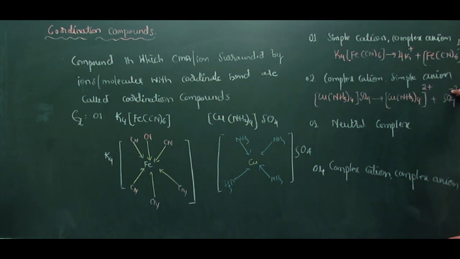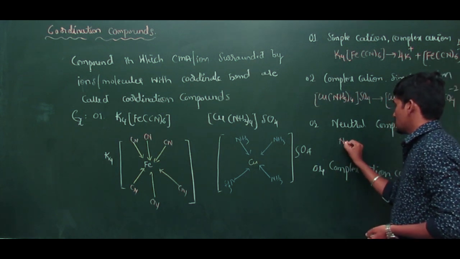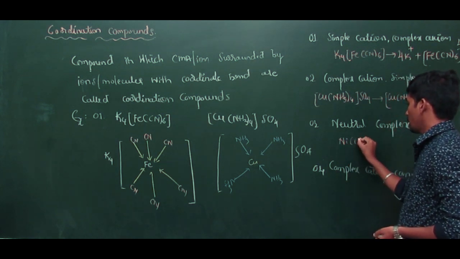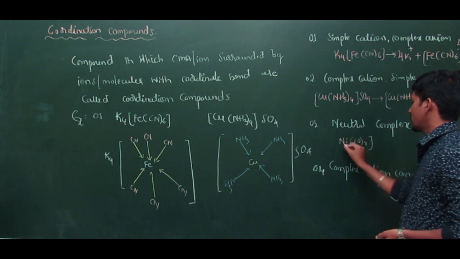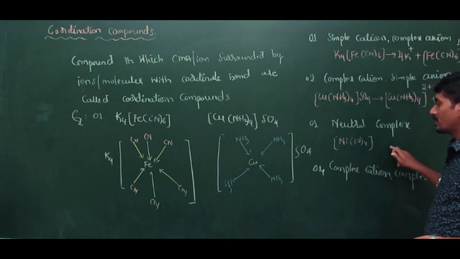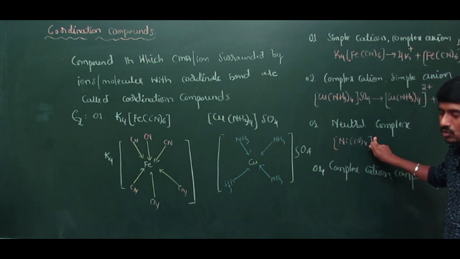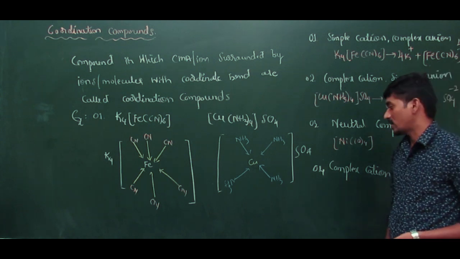Simple anion because charge is minus, complex structure with positive charge, complex cation. Next, for the neutral complex, example is nickel tetracarbonyl, because this complex structure does not carry any charge, hence it is called a neutral complex.